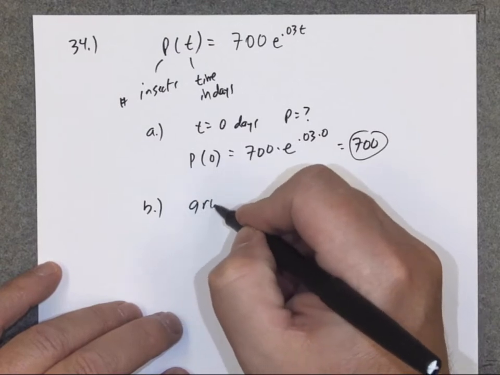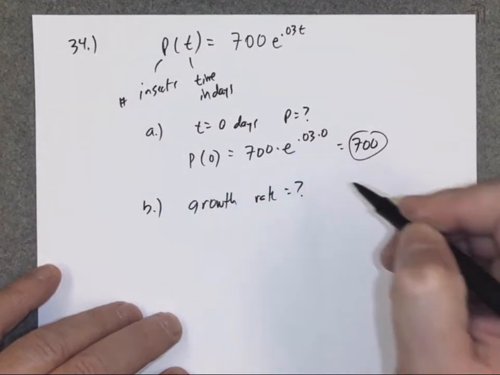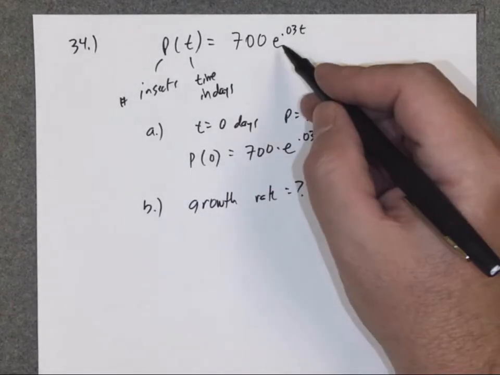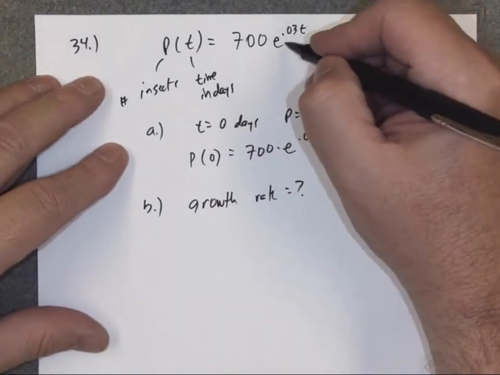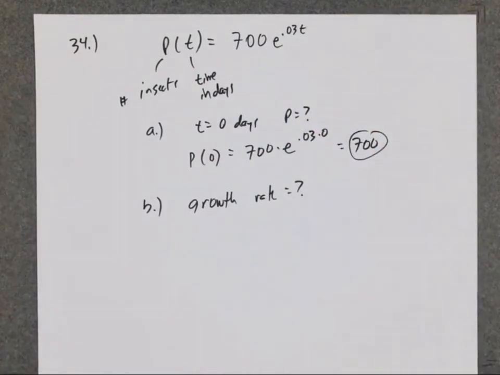B, they say, what's the growth rate? There's no math to do here. When you have a problem with e, the natural exponential function, the growth rate is whatever is in front of the t, although growth rate is usually a percent.